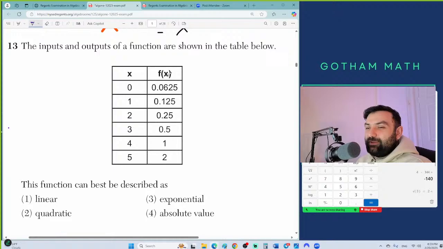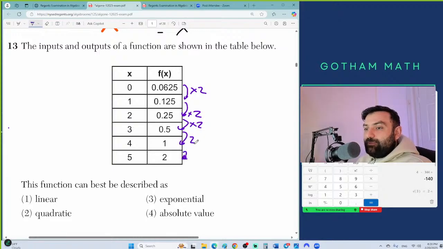What about f(x)? This number, then this, then this, then this, then this, then this. So 2, and then 1, and then 1 half, and half of 1 is 0.5, and half of 0.5 is 0.25. So this is kind of like, technically, times 2. This times 2 is this, times 2 is that, and so on.